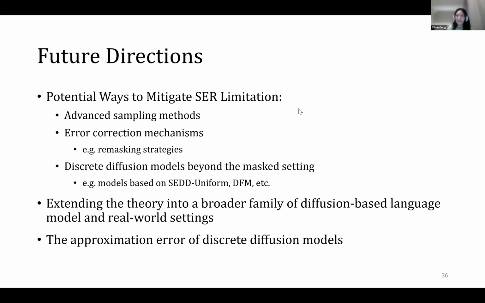I think this is a good combination because if you're generating a text of, say, 5,000 tokens using the general masking strategy, you may generate some token at the 5,000th place first. But if you are doing this autoregressively, then it may reduce these potential errors. So I think that's a good combination.